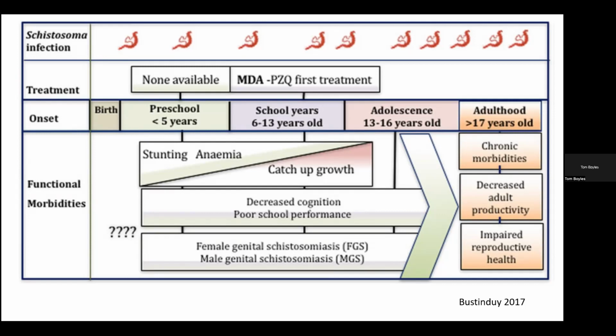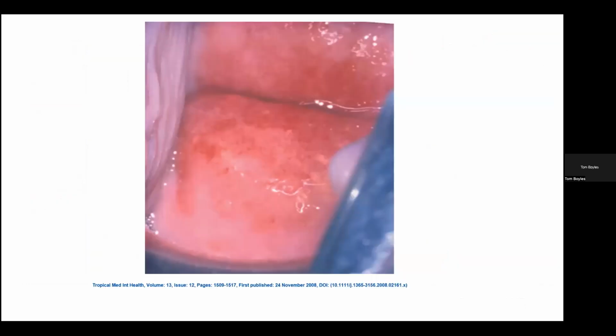urethral strictures. Worth noting on its own is female genital schistosomiasis. I don't know if Erin is listening, I can't see everyone on here. Erin Kjetland is really the doyen of this condition and has worked very hard on it. This is a picture of a cervix with so-called sandy patches, which are typical of cervical schistosomiasis.